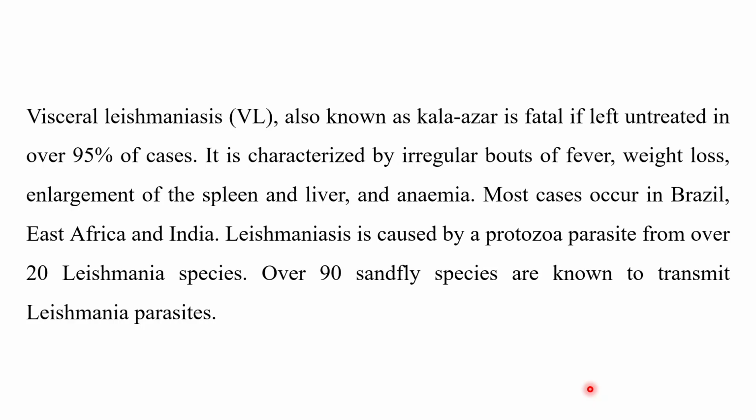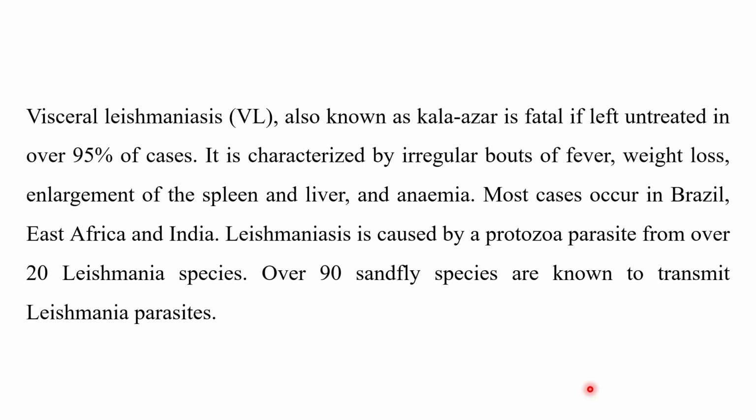Parasite meaning it cannot live on its own. It basically feeds on the host for its own survival, and in turn causes infection in the host. The disease is characterized by irregular bouts of fever, weight loss, enlargement of spleen and liver, and anemia. These are the symptoms of the disease.